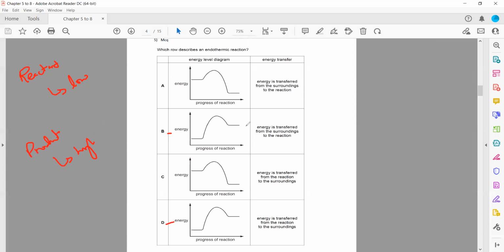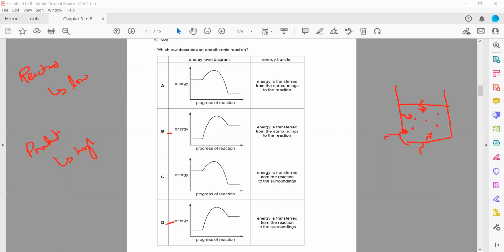Then during an endothermic reaction, what happens? The reaction mixture, a container in which a reaction occurs, or the particles of the reactant molecules absorb energy from the surrounding. They take energy from the surrounding, like, say, water is a surrounding. So they're absorbing energy from the surrounding.